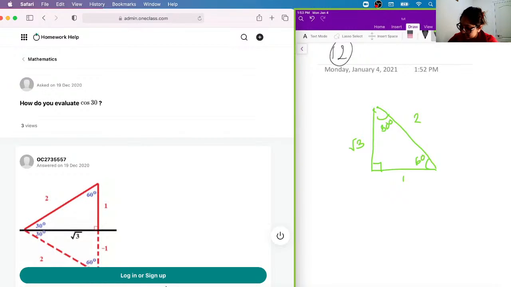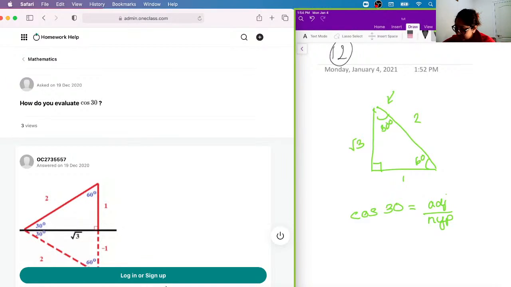To find cos of 30, we're looking at this angle right here. If you remember the ratio, cosine is adjacent over hypotenuse, right?